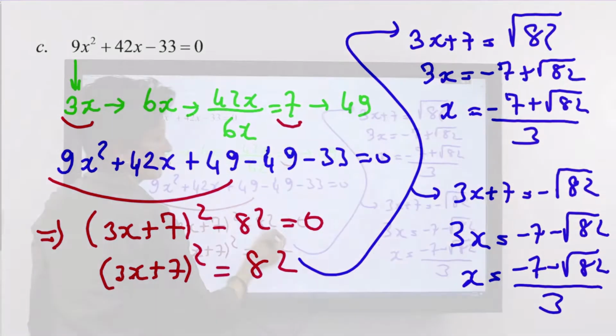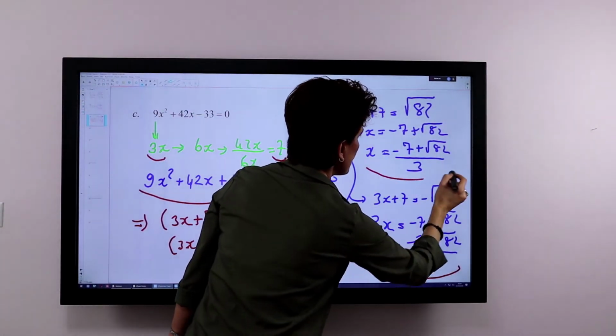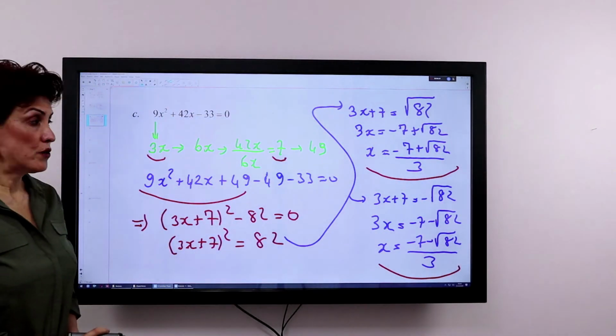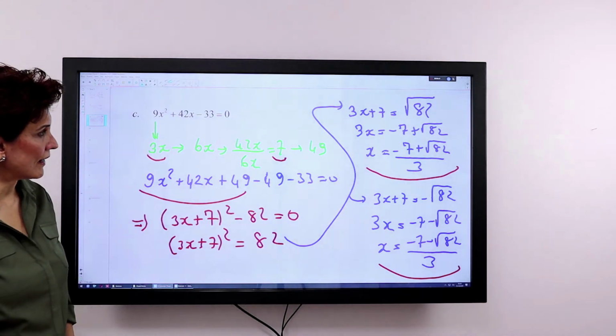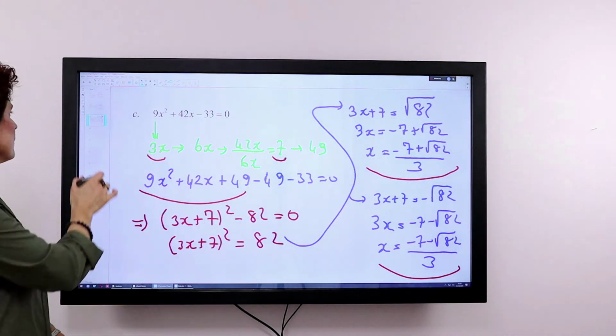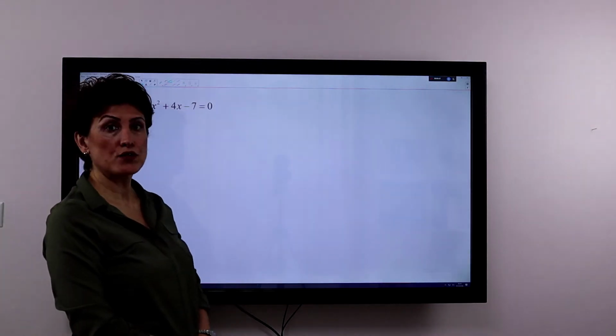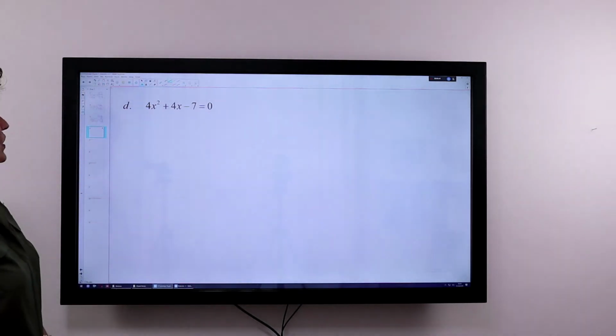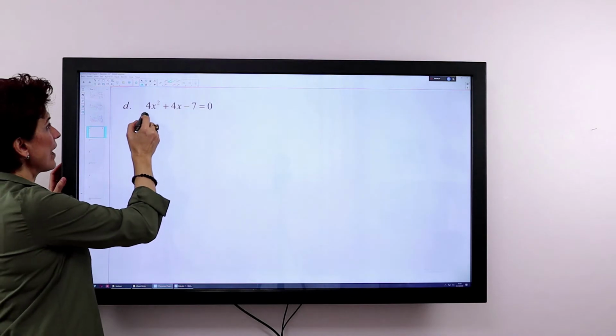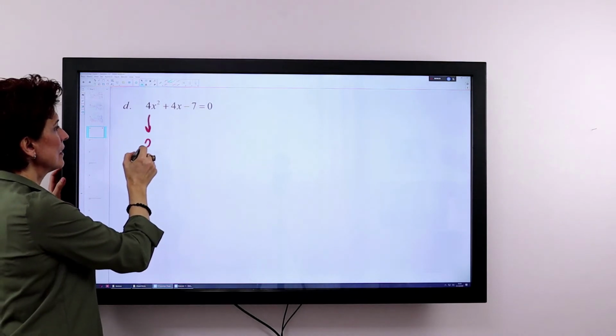Got it? I hope you understood. It's not hard, right? How do you feel? One more question. Here, which term is squared? 4x² is (2x)², right?